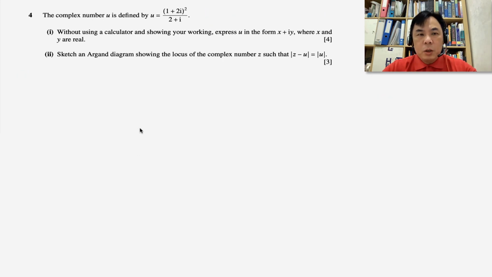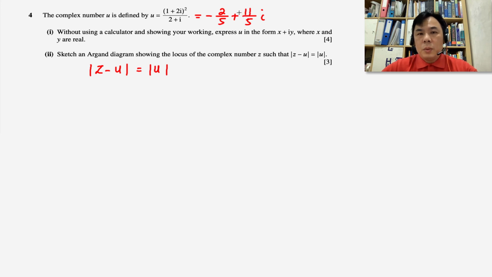All right, let's take a look at the last section here. This is sort of like a recap. We have done one of these questions in the previous questions before. Here I'm going to rewrite this one more time. It is represented as the magnitude of z minus u, and then the magnitude of u. Now just to recap, u is negative 2 over 5 plus 11 over 5i here.